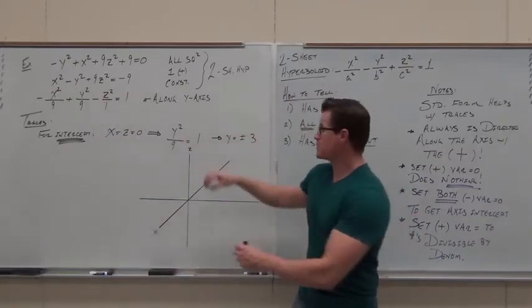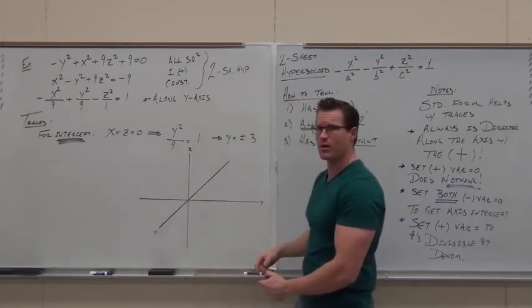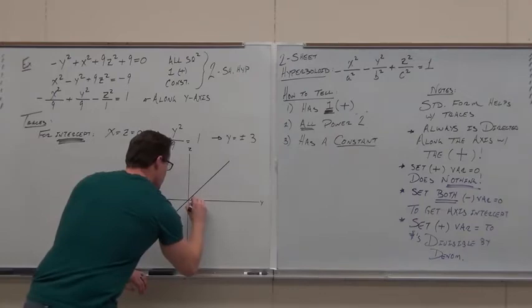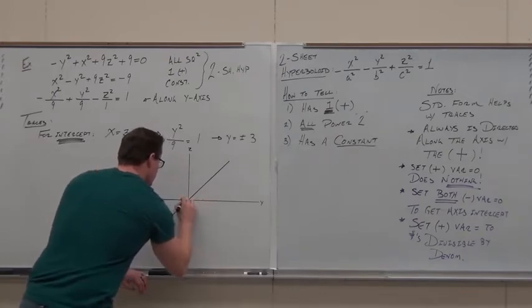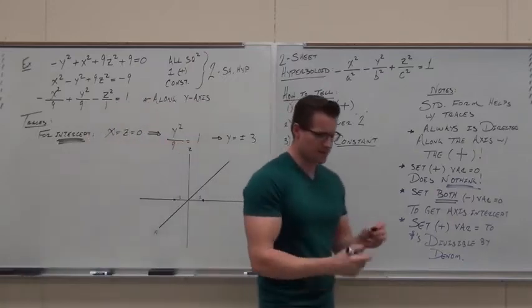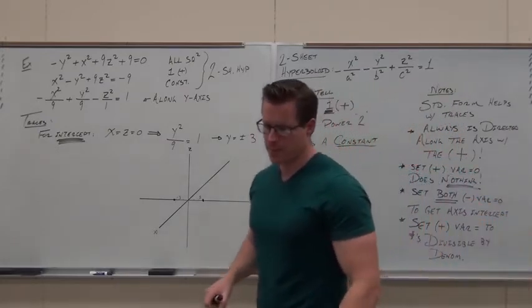I know that because I'm limiting my z to 0 and my x to 0, I have to be on the y-axis. Where am I crossing? Here, at positive and negative 3. Sorry I'm writing small, but this graph is going to get a lot bigger real quick.